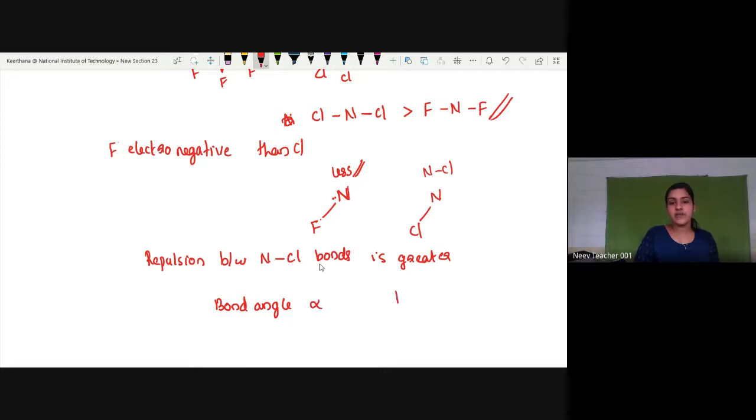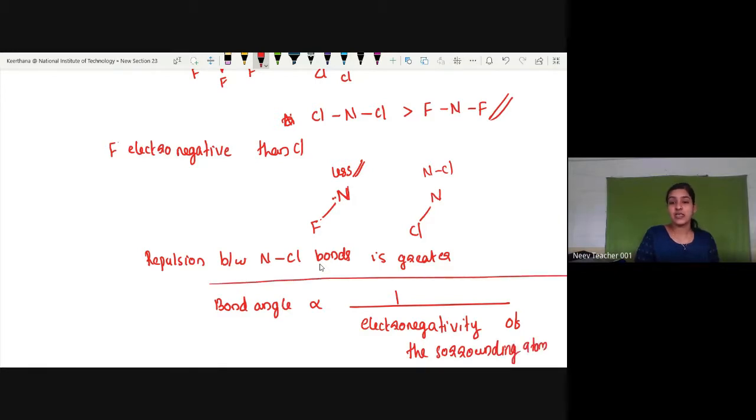Bond angle is inversely proportional to the electronegativity of the surrounding atom. Don't write these things in your exams. Remember, this is a shortcut. Bond angle is inversely proportional to the electronegativity of the surrounding atom.